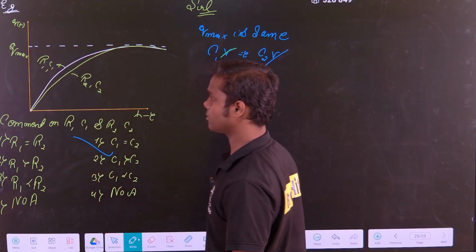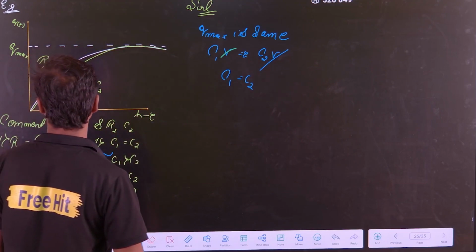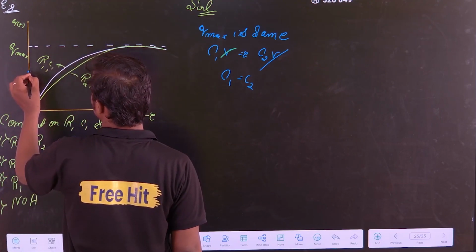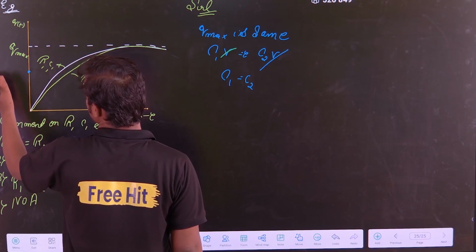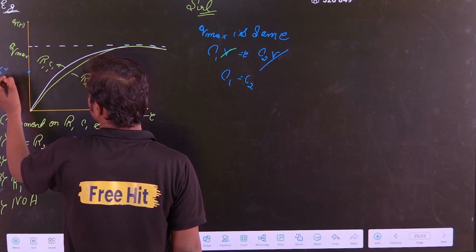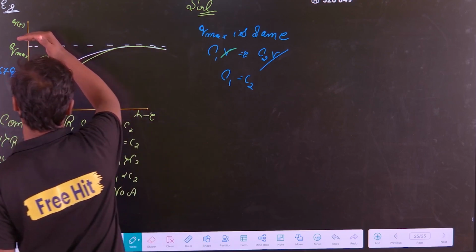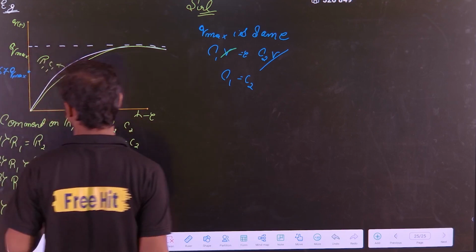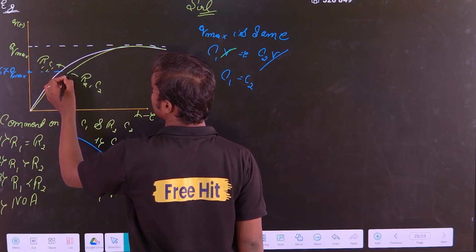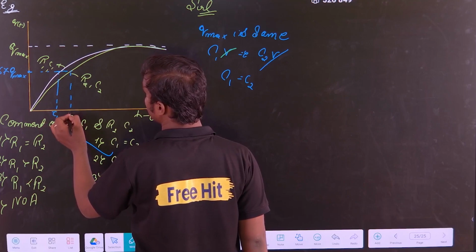If Qmax is the same for both, I can tell one thing: at 0.67 of Qmax, the charge will also be the same, correct? For this it is tau 1, for this it is tau 2.